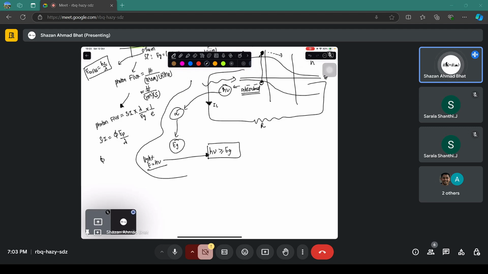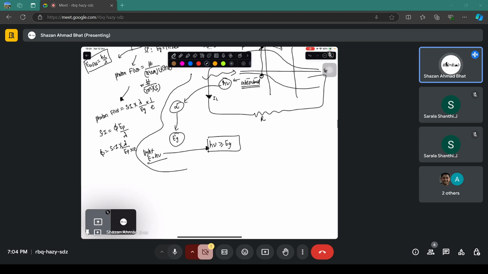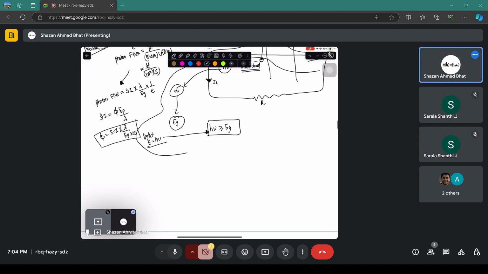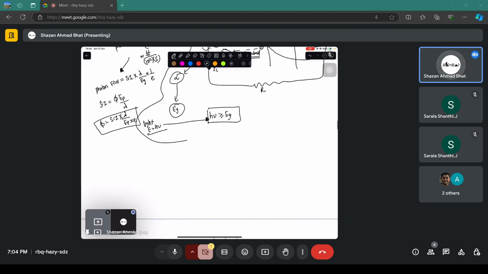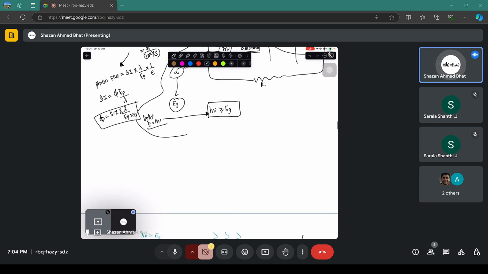So if you want to compute the photon flux, it will be spectral irradiance times the wavelength divided by the energy of the photon, times the electronic charge to convert it into electron volts. So I did make a mistake here. This is basically the energy of this particular photon, or the energy gap. So this will be the photon flux.